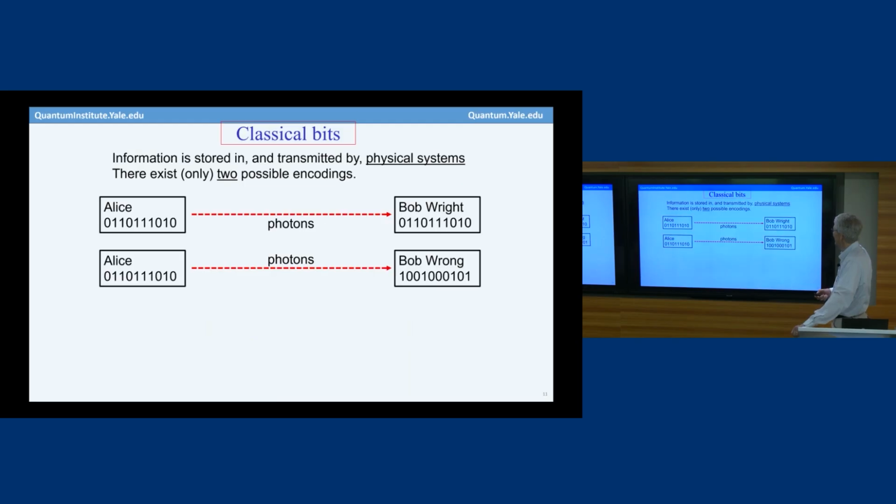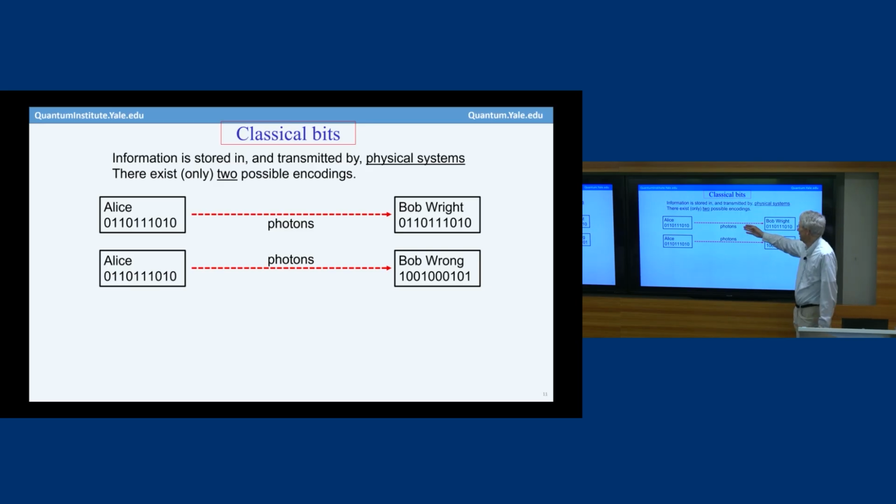And so Alice could be sending photons of light, pulses of light, off, on, off, on, like that. And Bob and she have agreed in advance that when the light is on, that's a 1.